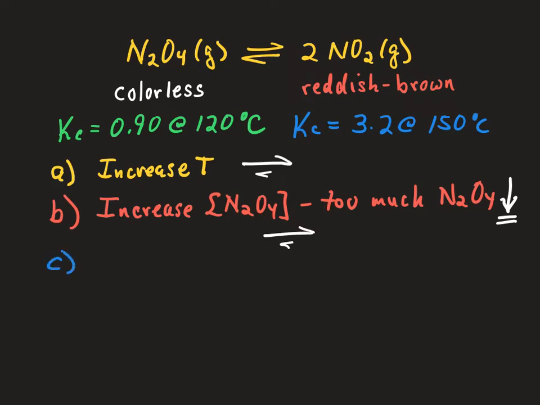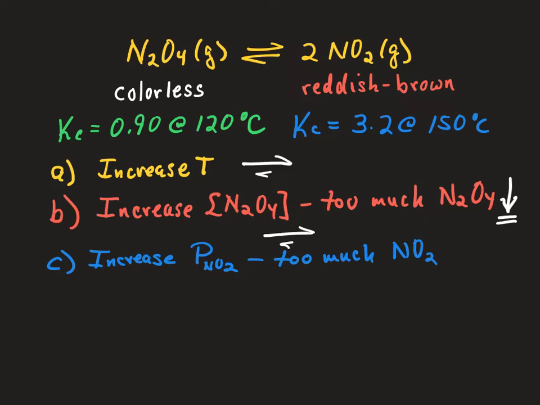C: what if we increase the partial pressure of nitrogen dioxide? Well, remember, pressure is another way of measuring the concentration of things in the gas phase. So if we were at equilibrium and we suddenly increase the pressure of nitrogen dioxide by adding more nitrogen dioxide, then our problem is too much nitrogen dioxide.